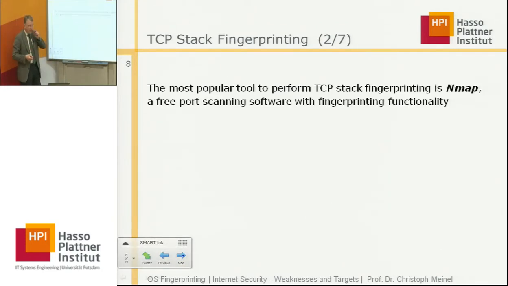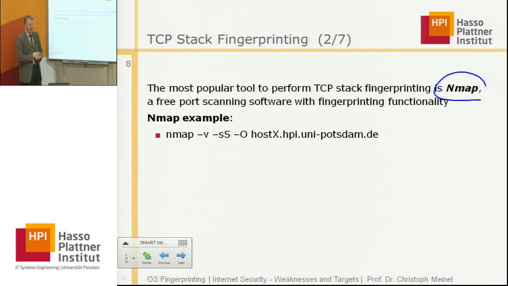The most popular tool for performing such TCP stack fingerprinting is Nmap. It's freely available. It's a port scanning software, and this port scanning software also comes with a fingerprinting functionality. Here are some examples of how Nmap can be used to find out details of the underlying operating system.